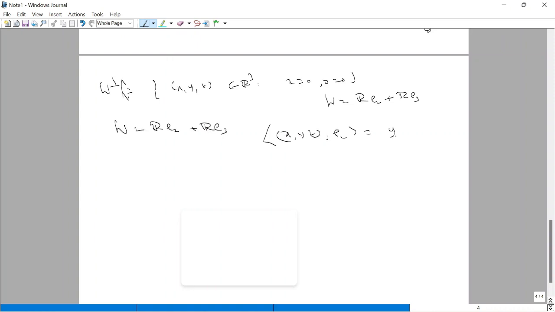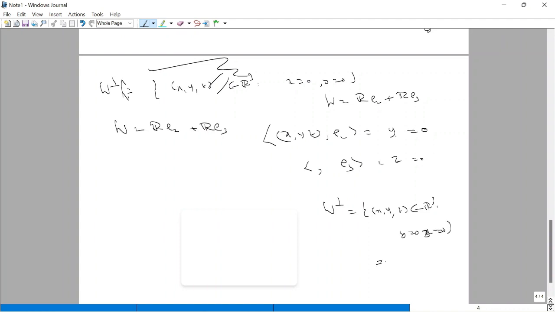The inner product is Y, and this must be 0. And similarly with E3, that will be Z, and that must be 0. Therefore W perp is the set of X, Y, Z in R3 so that Y is 0 and Z is 0. So this is essentially the x-axis.